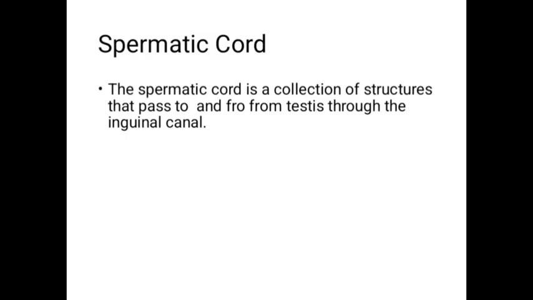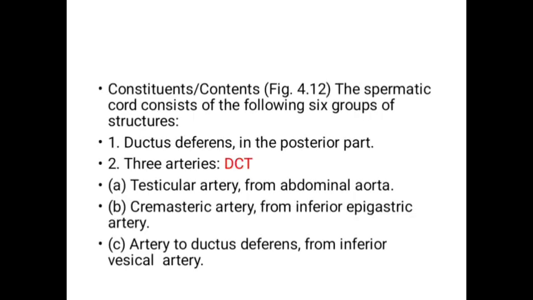Next is the spermatic cord. The spermatic cord is a collection of structures that pass from the testis through the inguinal canal. It has six groups of structures. It has the ductus deferens in the posterior part.